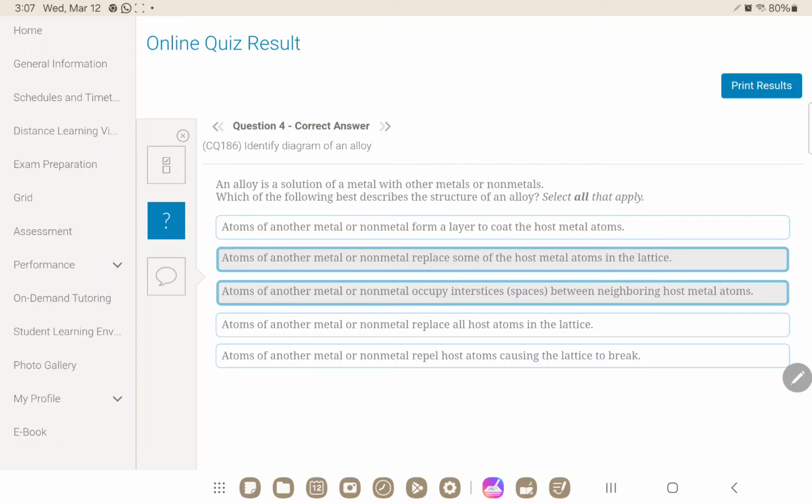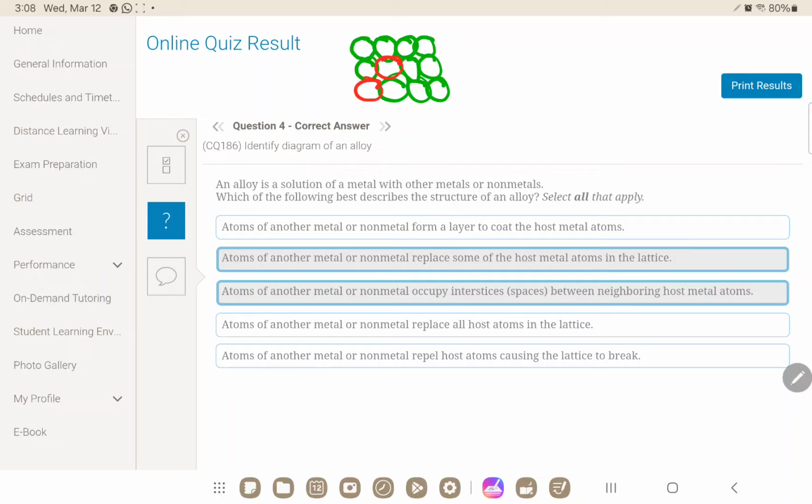An alloy is a solution of a metal with other metals or non-metals. Which of the following best describes the structure of an alloy? The structure of an alloy could be one of two things. It could be something like this. This would be an alloy.